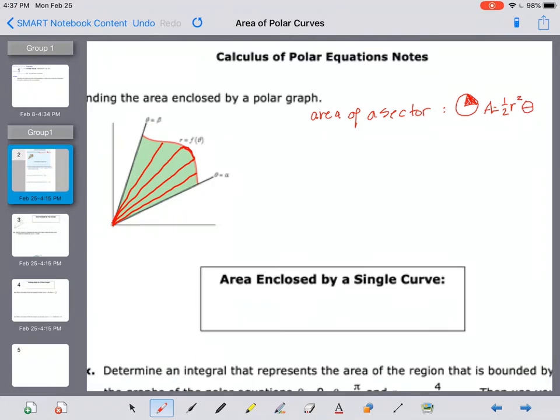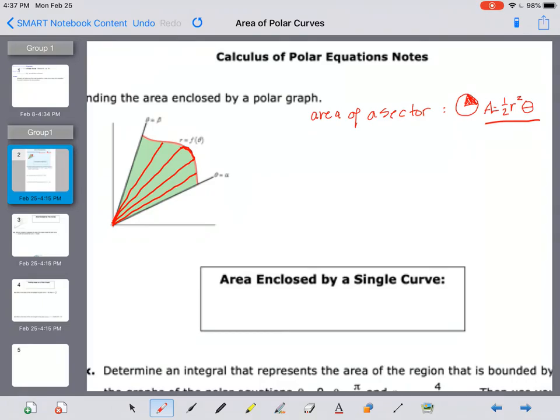So the smaller the partitions, the more circular it's going to be just because of the nature of a polar graph. So if I find the area of a single one, and then find the area of each one of those using that formula right here, then I can add up all of those values and estimate the actual sum of the actual area that I want.